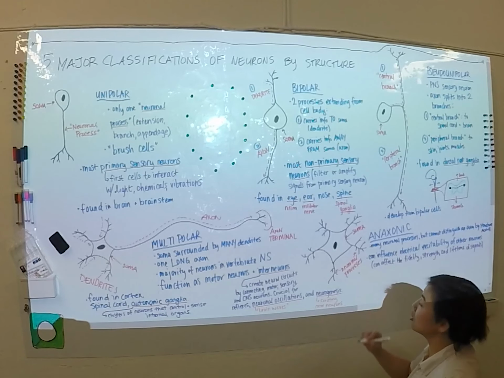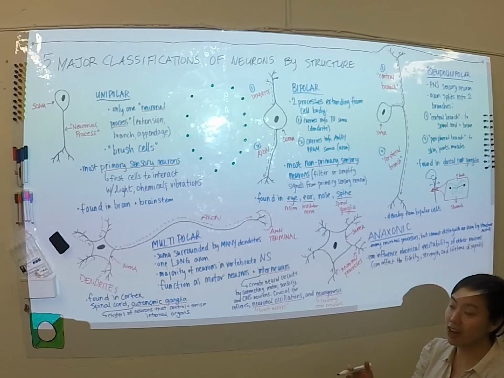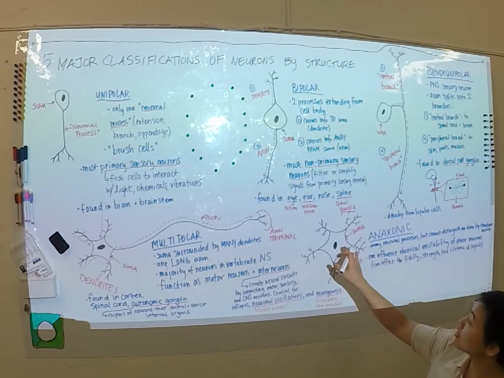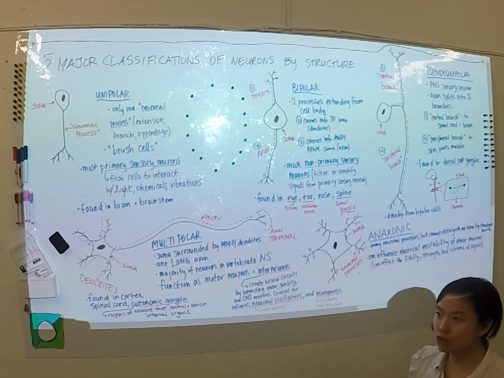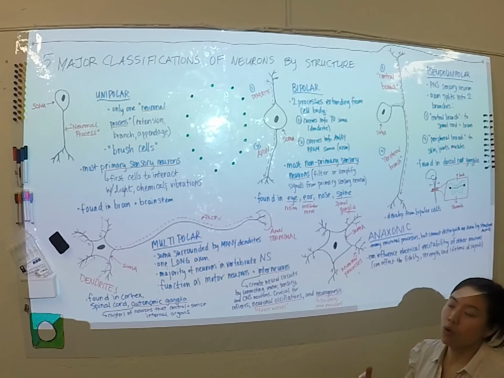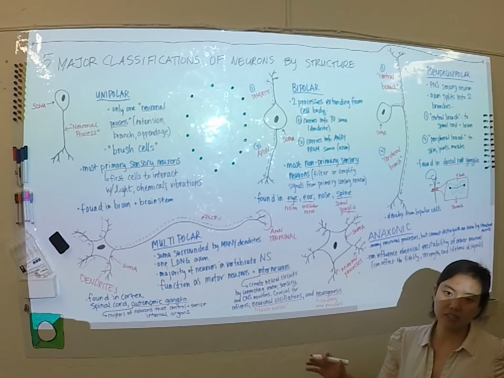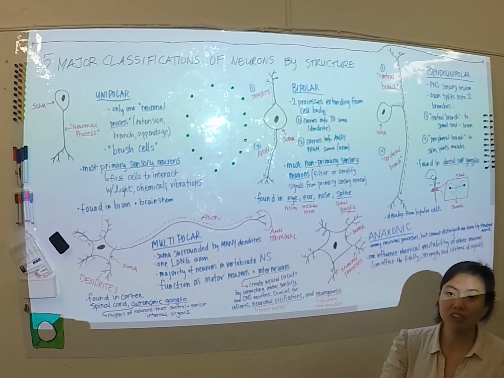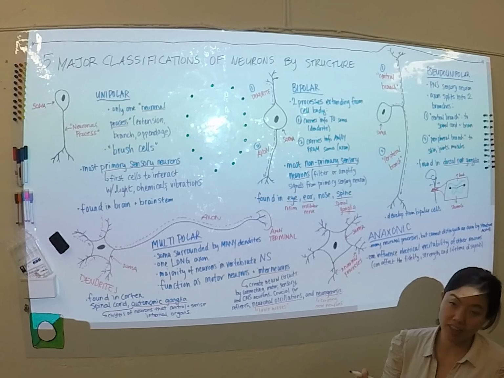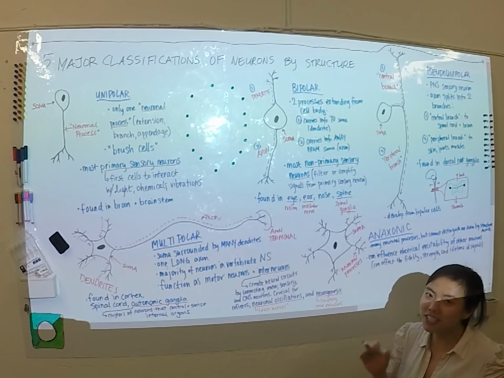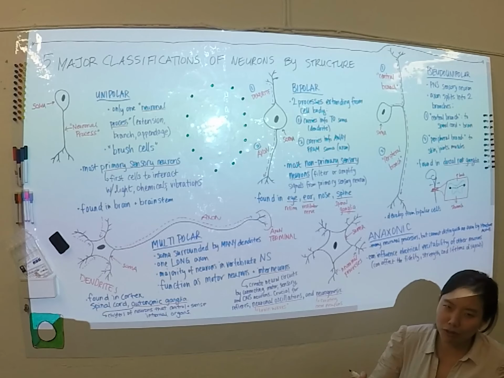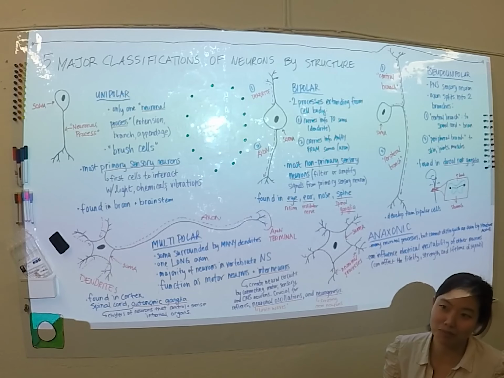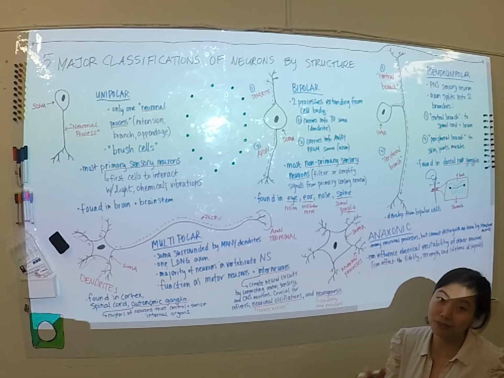So, almost all of the neurons that are born when you are an adult, those are anaxonic, okay? Usually, and for a long time, we thought that all of the neurons that you're ever going to have in your life, they are made when you're born and you never make any more, okay? That's what we thought for a really long time. And then recently, there was this really beautiful study which I will put into the Google Classroom as an additional material for you to read if you want to.